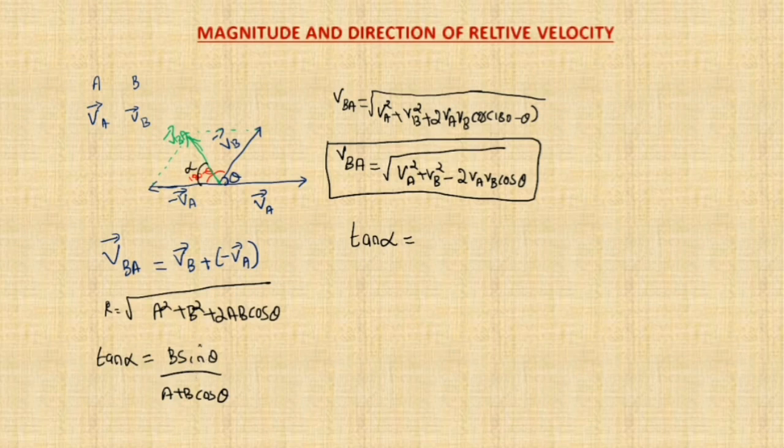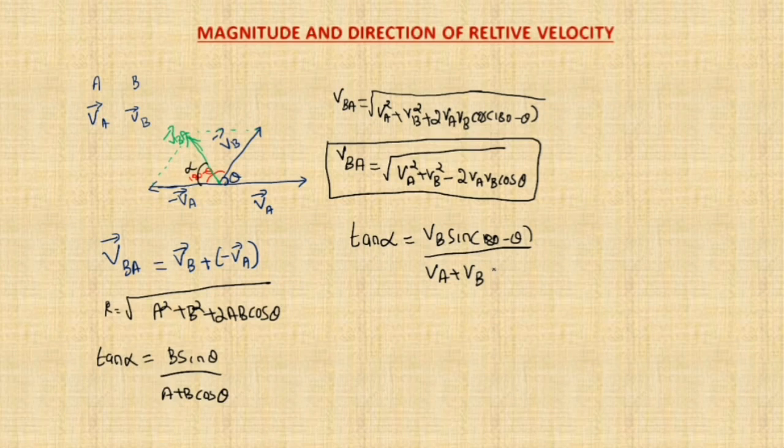Here what is the B here we are using for? VB sin theta. Here what is the theta? Theta is the angle between VB and minus VA. Okay, VB and minus VA, don't be confused in that one. That is equal to 180 minus theta divided by VA plus VB.